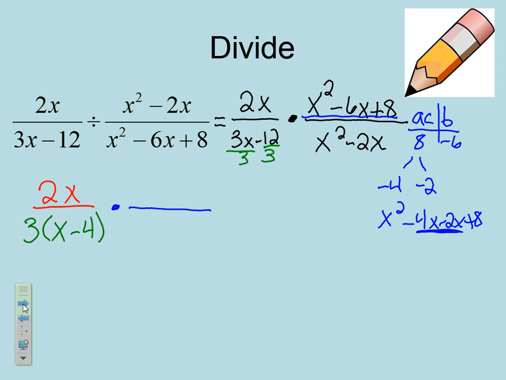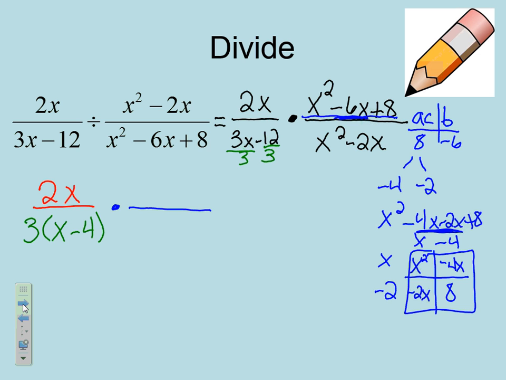Remember, this needs to add up to whatever this term is in the middle. Now I can plug it into my box. I get x squared minus 4x minus 2x plus 8. Greatest common factor, negative 2x, x, negative 4. So over here on the top I can put x minus 4, x minus 2.